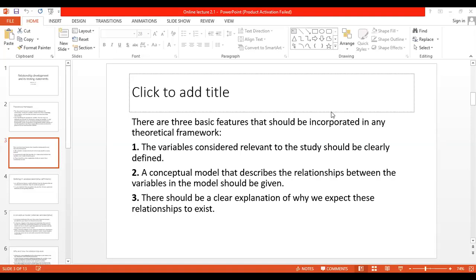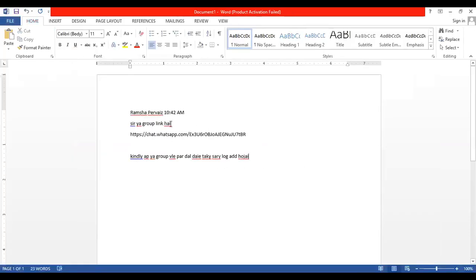I am just about to share a screen with you guys of the WhatsApp group which Ramsha Parvez has just made.